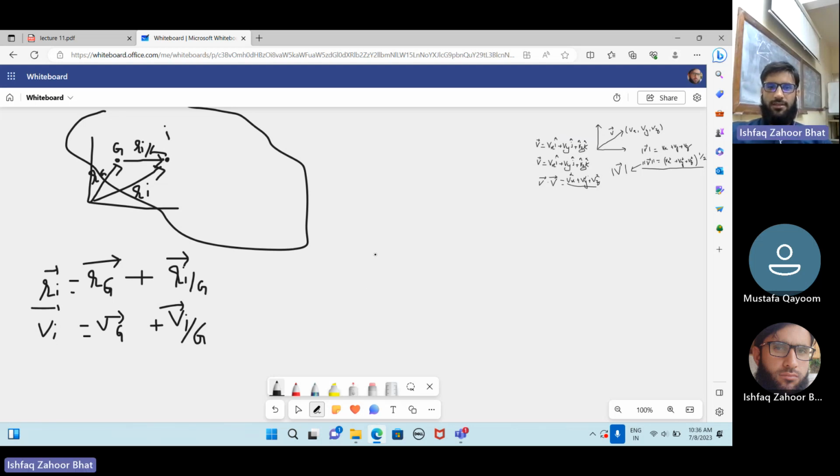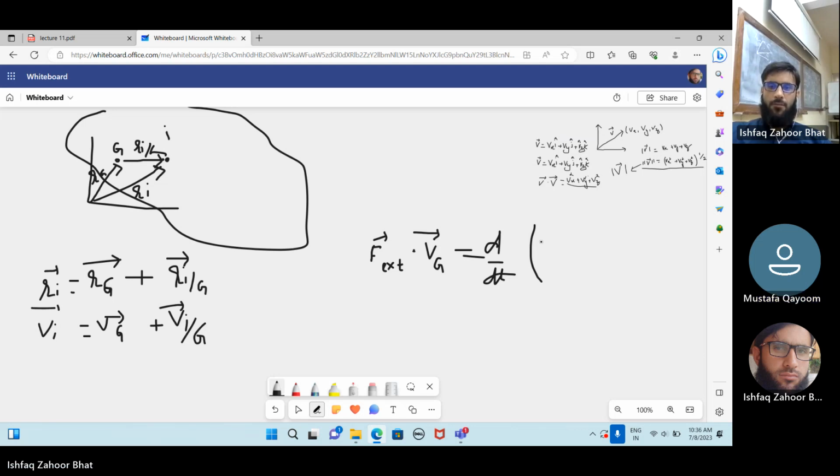So you are saying F external dot Vg is equal to d by dt of... now replace the kinetic energy with the term that we proved above.